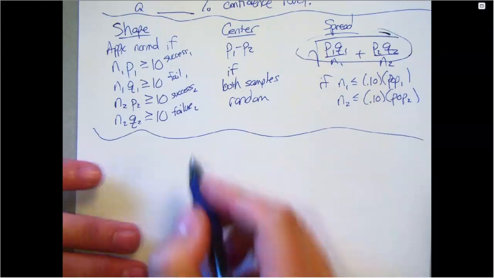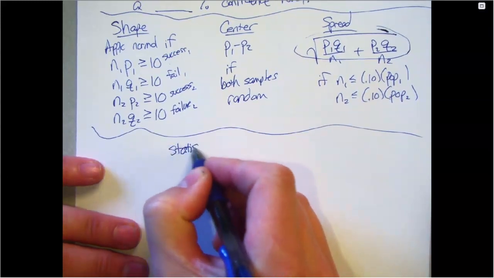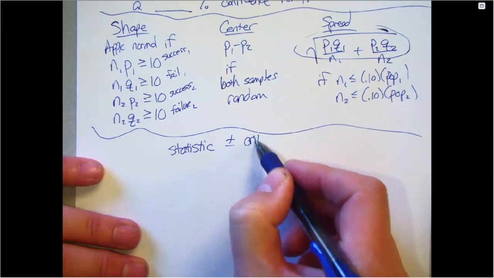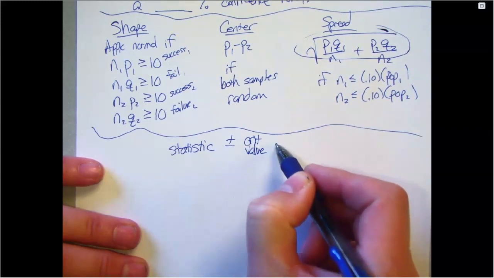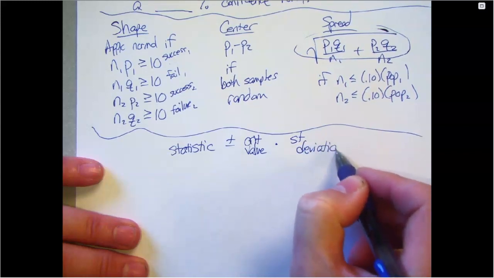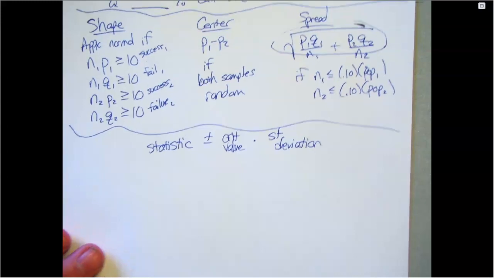Okay, so then the math box, we start off with our formula in words. So statistic plus or minus critical value times standard deviation.